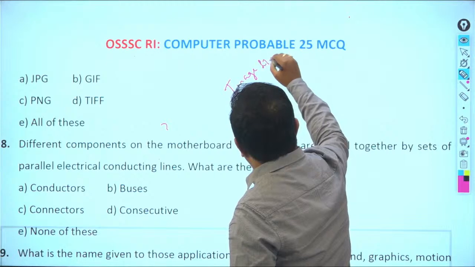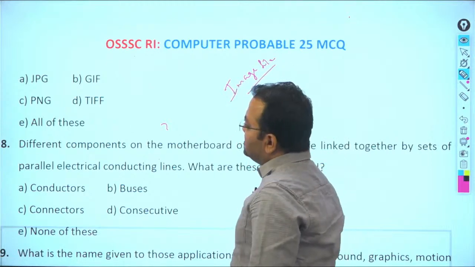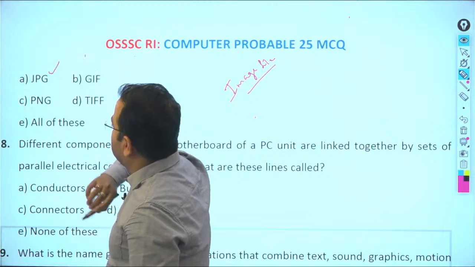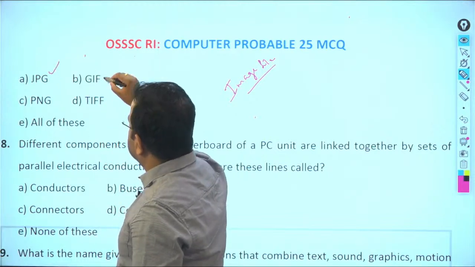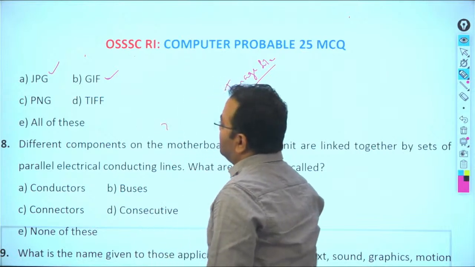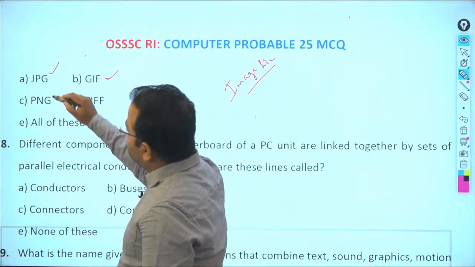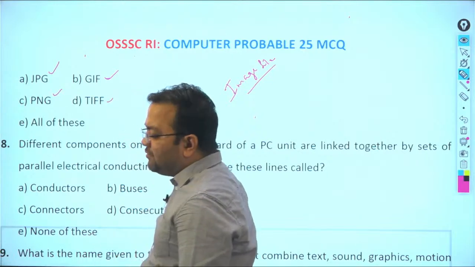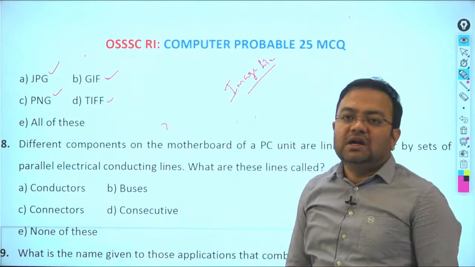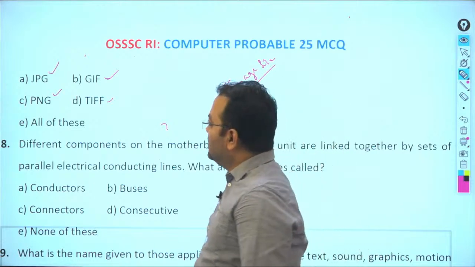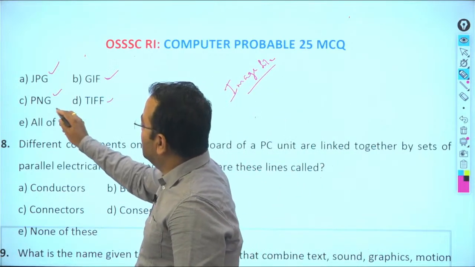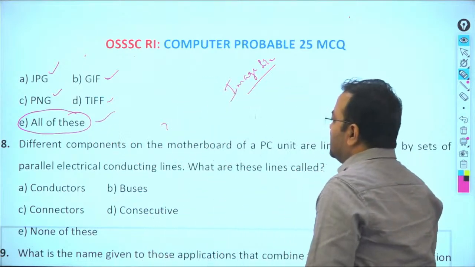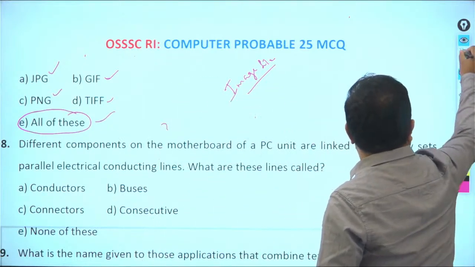The option JPG, yes, Joint Photographic Experts Group, JPG, this is an image file. GIF, Graphics Interchange Format, this is also an image file. PNG, Portable Network Graphics, this is also an image file. TIFF stands for Tagged Image File Format. So students, all are examples of image files. So here question number 7, the answer is all of the above.